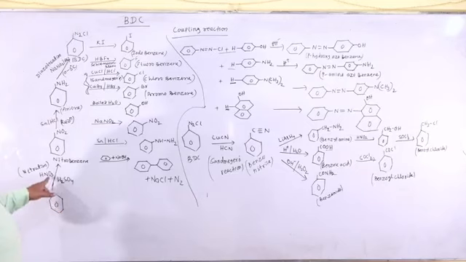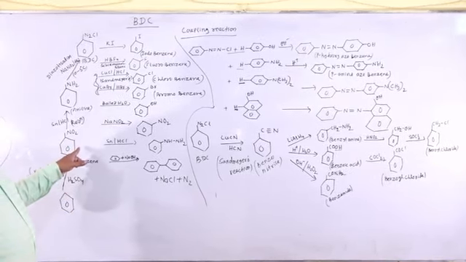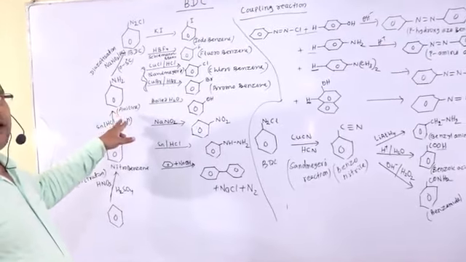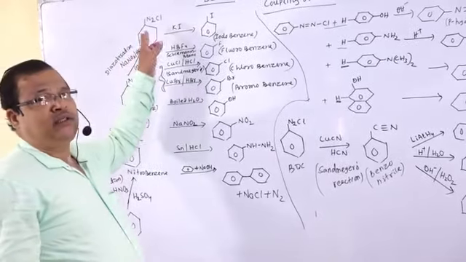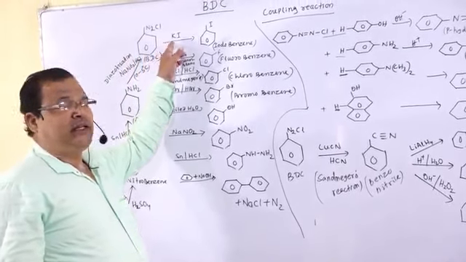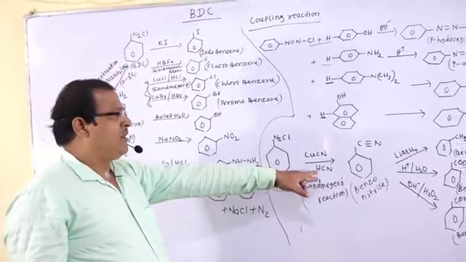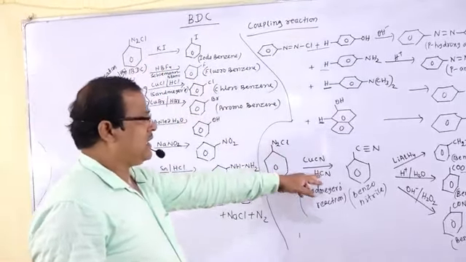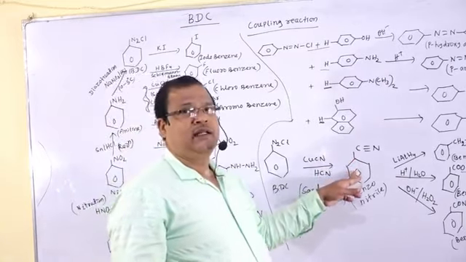Benzene treated with HNO3 and H2SO4 forms nitrobenzene. Nitrobenzene treated with tin and HCl forms aniline. Aniline treated with NaNO2 and HCl gives BDC. BDC treated with CuCN and KCN forms benzonitrile.